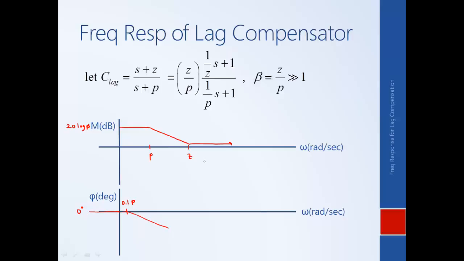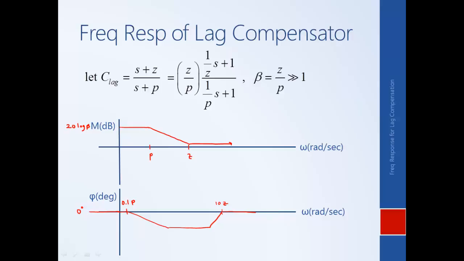And so we'll start to go down to minus 90 degrees. We may get there if the pole and the 0 are far enough apart. We may get all the way down to minus 90 degrees. If we don't, a decade before the 0 will level off because the pole makes the slope go down and the 0 makes the slope go up, and they sort of cancel out. Eventually, the pole flattens out, and so the 0 will come back up, and it stops a decade after the 0.